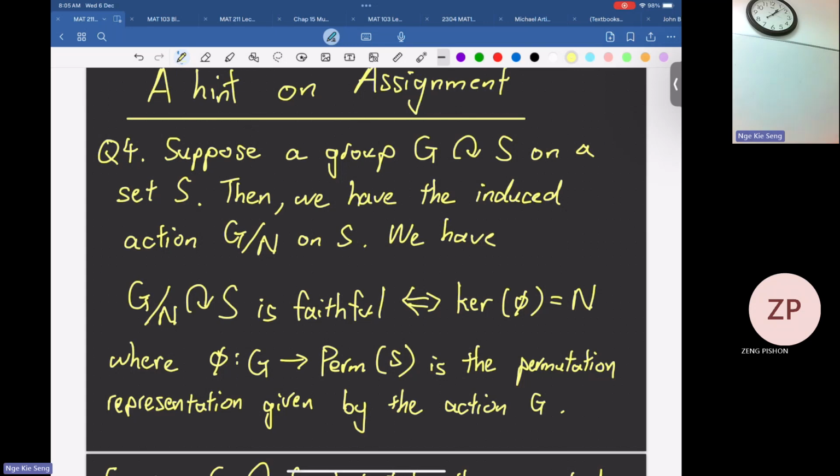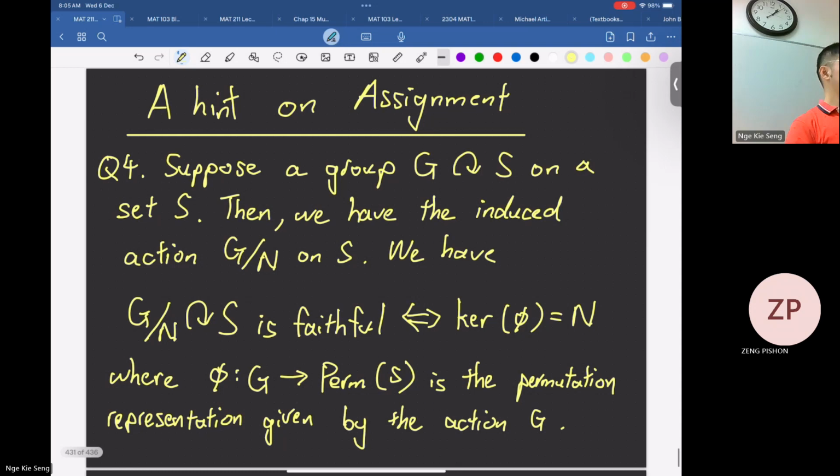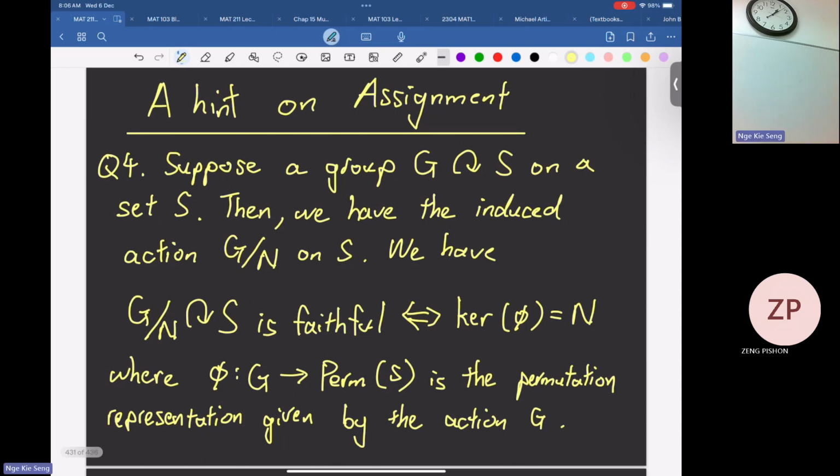Actually, there's one more word that is not defined here. There's one more definition you need to know before you can solve this question. Any word here you don't understand? Which word is not defined or not clear to you? An English word, right?